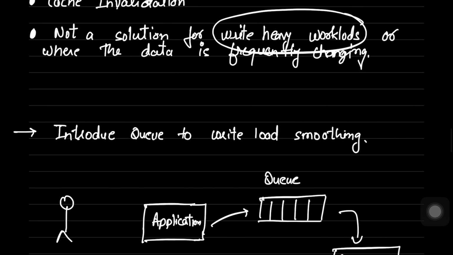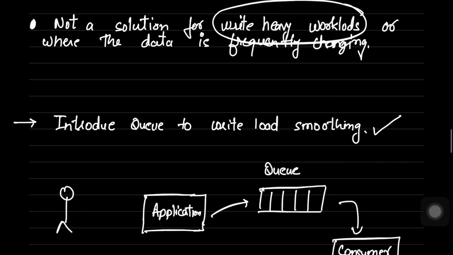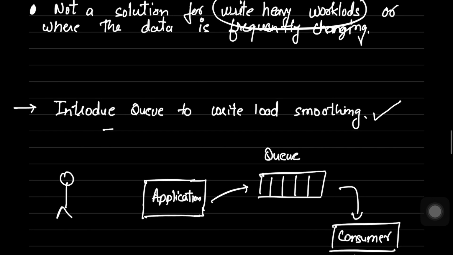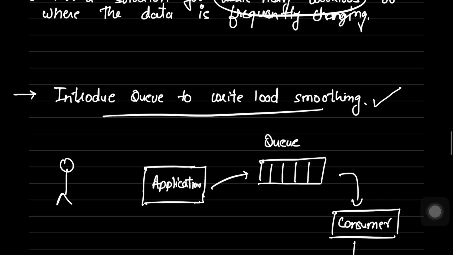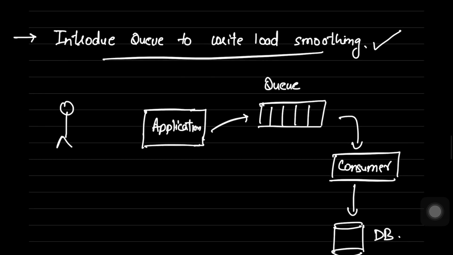Another approach is you could introduce a queue for write load smoothing. What this means is if there is a lot of writes happening to your database, and you're okay with a little bit of eventual consistency, in the sense that your data is written with a bit of delay, then you could introduce a queue in front of your database.